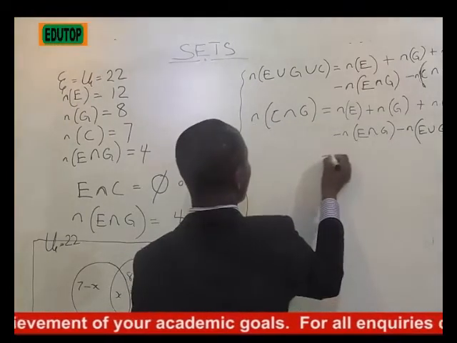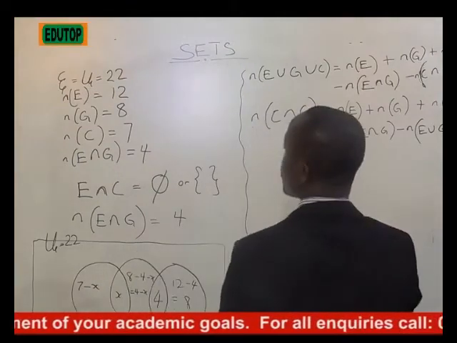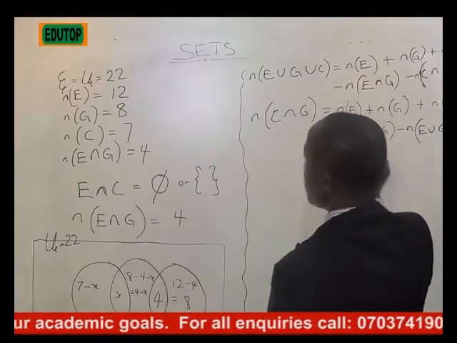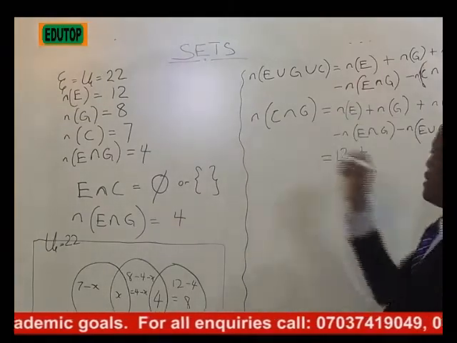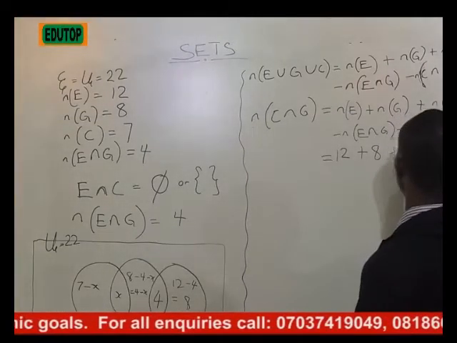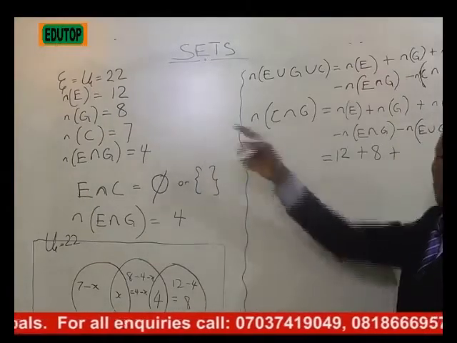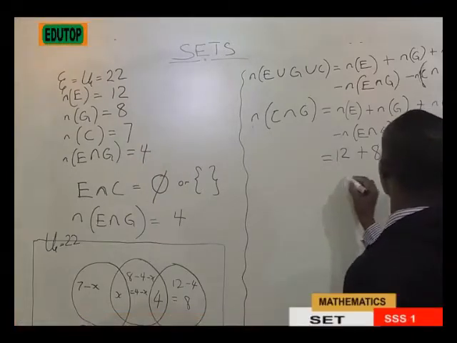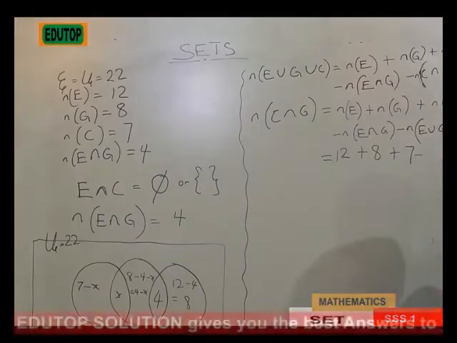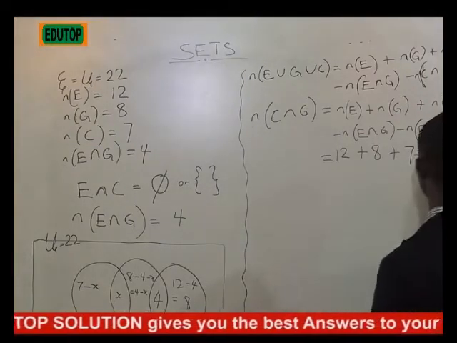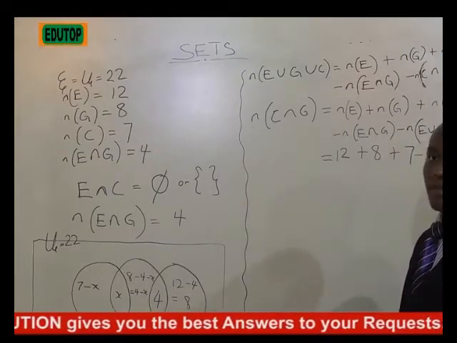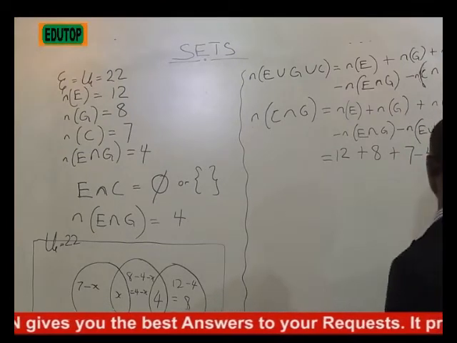So we now take the values: economics is 12, plus government is 8, plus chemistry is 7, minus economics and government, which is 4, minus the number of students in the class, which is 22.